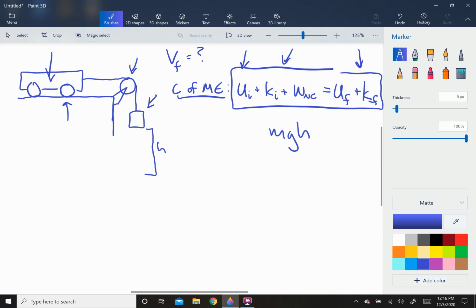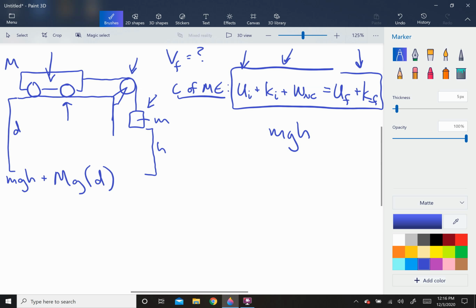That was given in the problem, okay? So if we call this guy little m, and the mass of the cart, including the wheels, big M, then we have little m g h is potential energy of the block that's hanging, right? Now I could also write big M g, and then let's call it D, where D is from the wheels to the ground, okay?